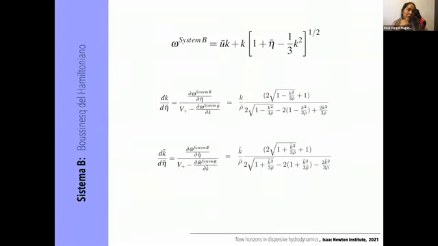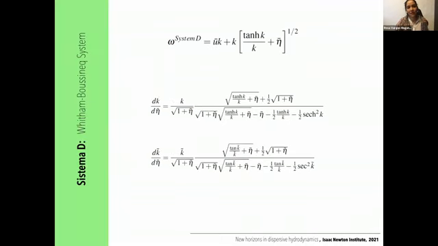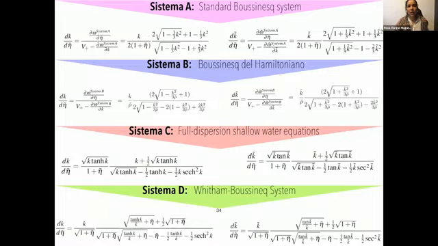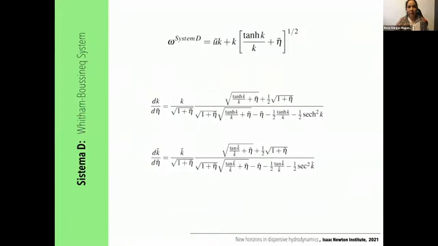And these are the equations for the Boussinesq system derived from the Hamiltonian, system B. These are for system C. These are for system D. The last two were for the Whitham-Boussinesq model.